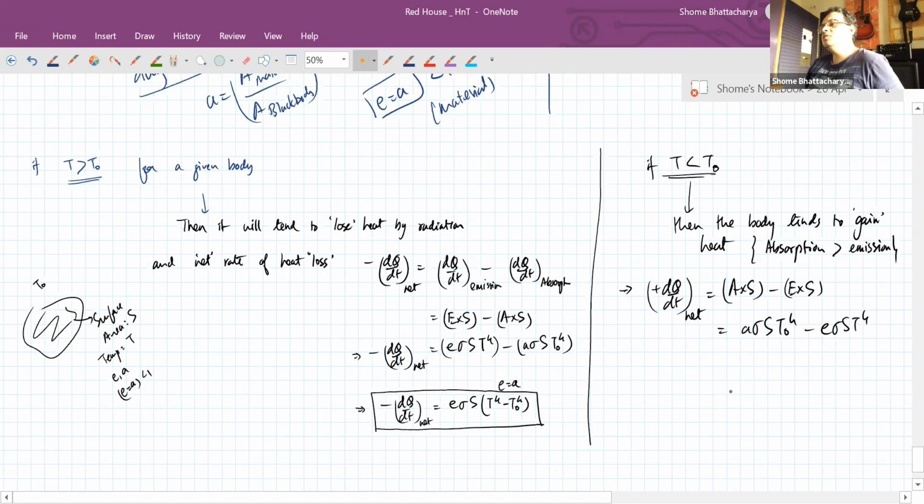So it's just basically the reverse of this because now T naught is becoming greater than T. And you can always replace capital E with capital A also, small e with small a, because they are the same. So they're interchangeable.